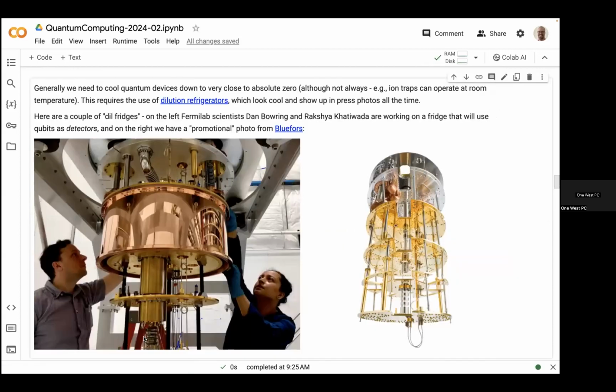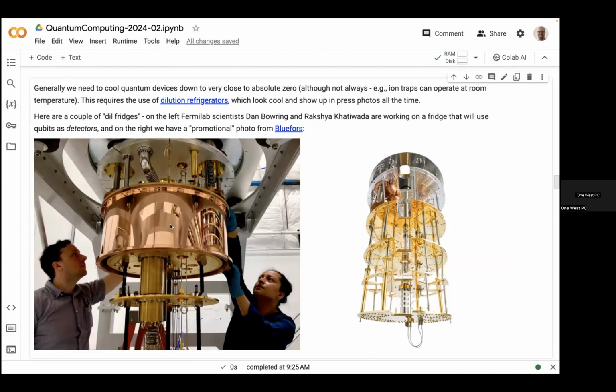All pretty cool. When you see things about quantum computers, people often show pictures of dilution refrigerators, and that's because if you're using the superconducting devices, then you have to chill the chips down to very close to absolute zero. You use dilution refrigerators to do that, and they look really cool, right? So people like showing photos of them.